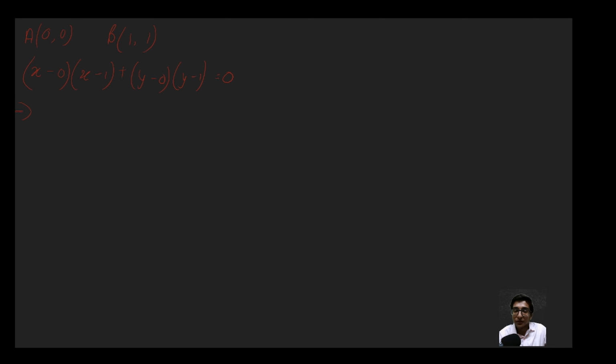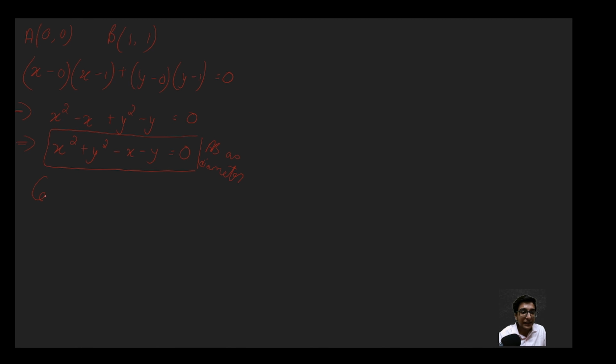This was the formula of diametric form that we had studied. So from here, we get x square minus x plus y square minus y is equal to 0. So x square plus y square minus x minus y is equal to 0. So this is my circle with AB as diameter.